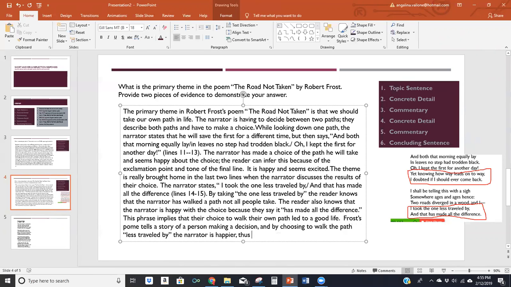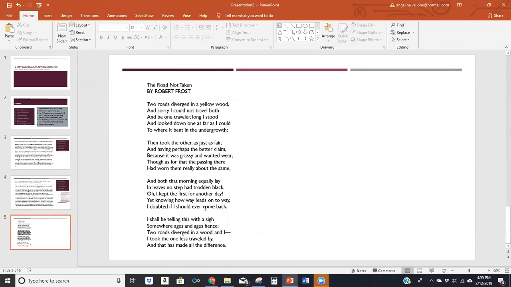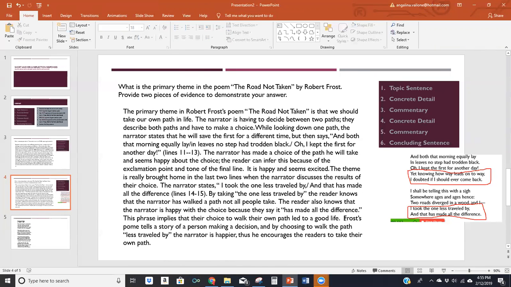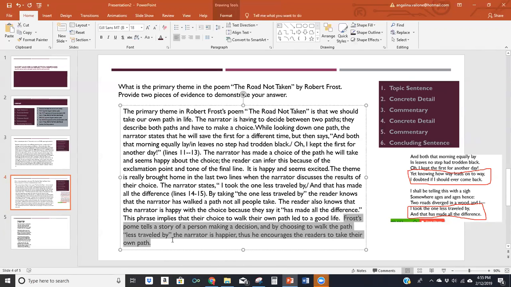Thus, he encourages the readers to take their own path. And that again goes back to my theme, which states that I believe that the theme is that we should all take our own paths in life. Excuse me. So this is what we end up with. That would be my concluding sentence.